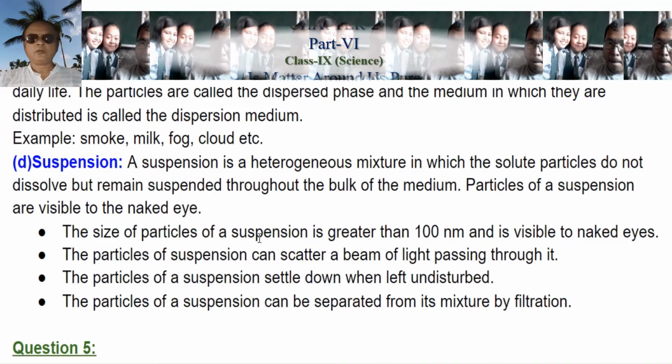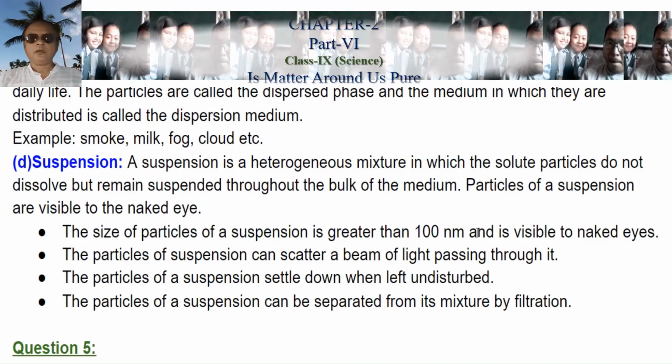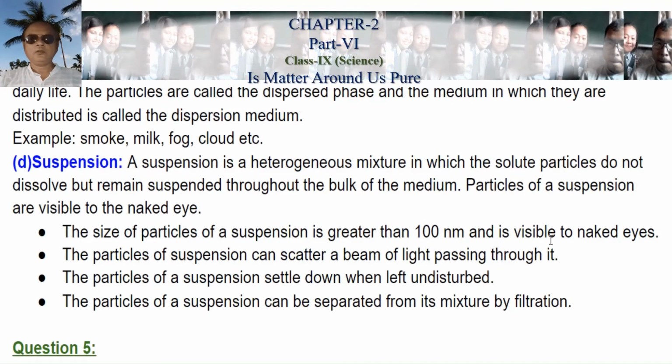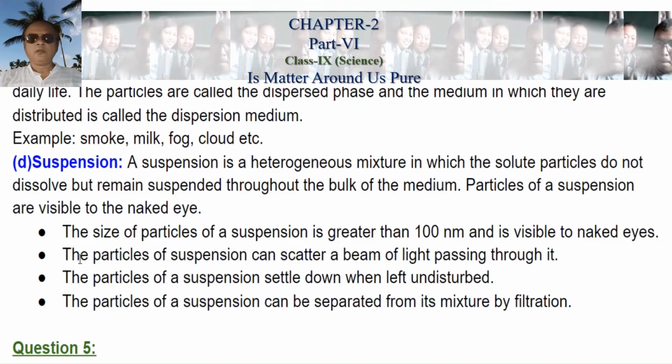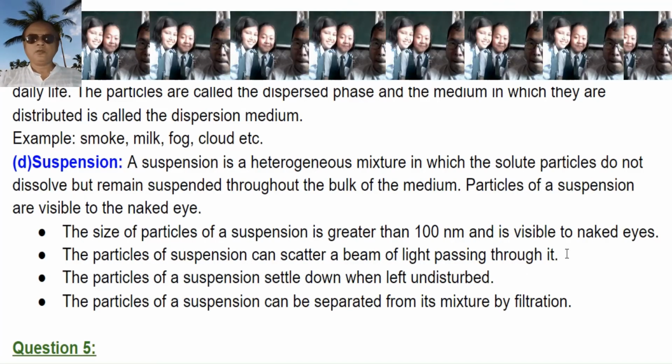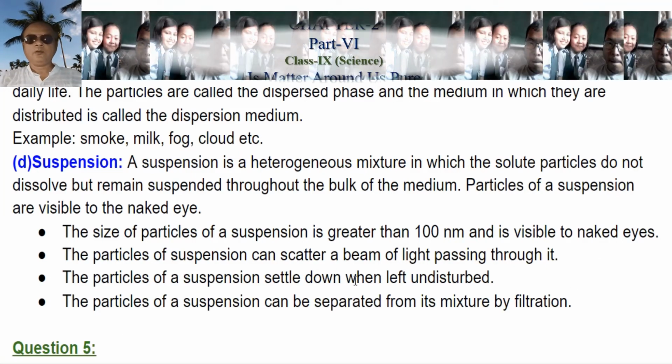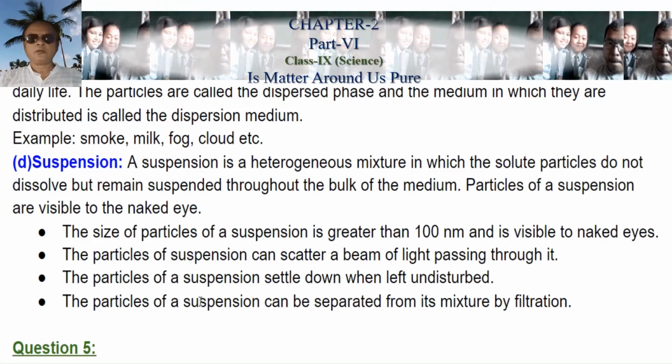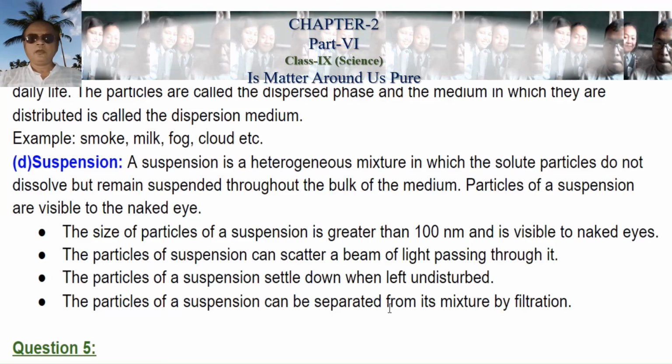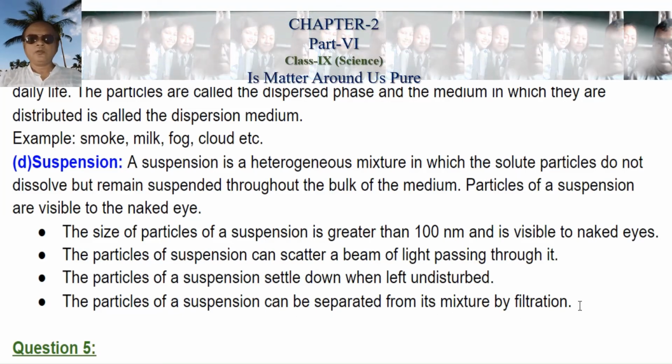The size of the particles of suspension is greater than 100 nanometers. The particles of the suspension can scatter a beam of light passing through it. The particles of suspension settle down when left undisturbed. The particles of the suspension can be separated from the mixture by filtration.